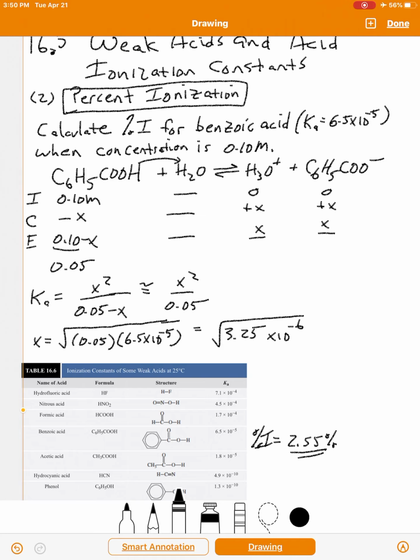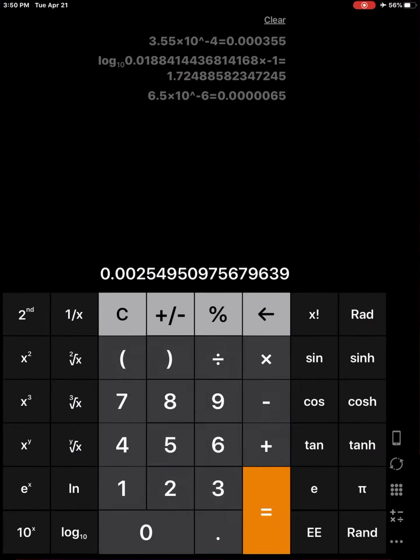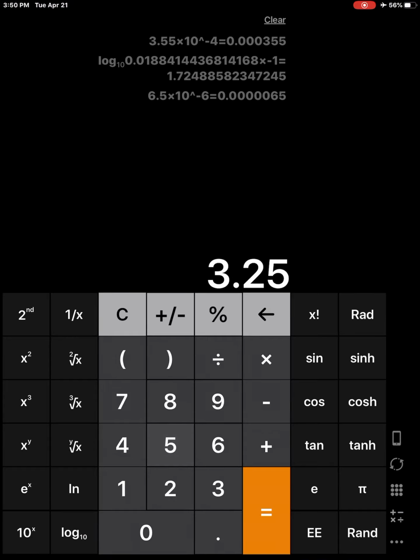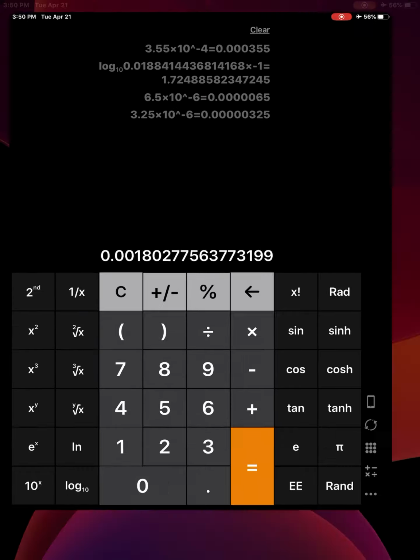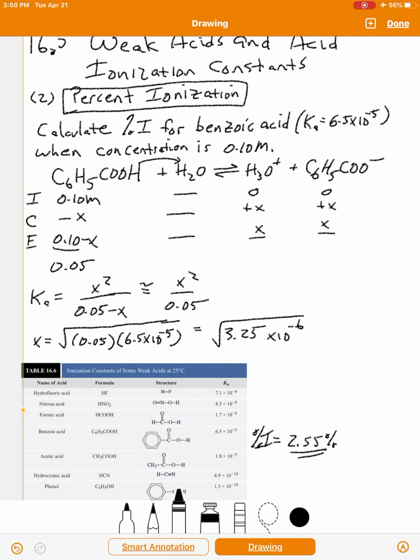So if you take the square root of 3.25 times 10 to the minus 6, you get 0.0018. So now there's your x, that's your hydronium concentration.